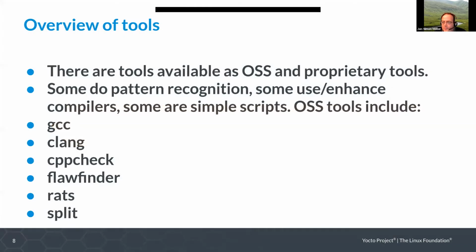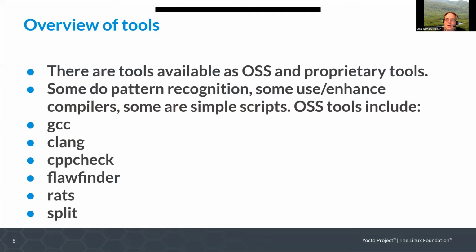So first of all, there are a lot of OSS tools available. There are proprietary tools. Some do basically pattern recognition. So they look out for certain, well, strings in the end.